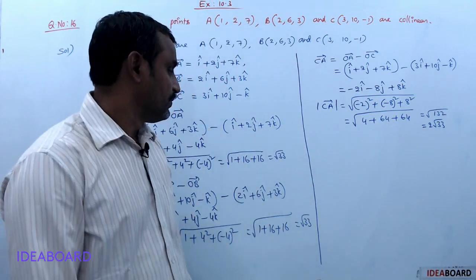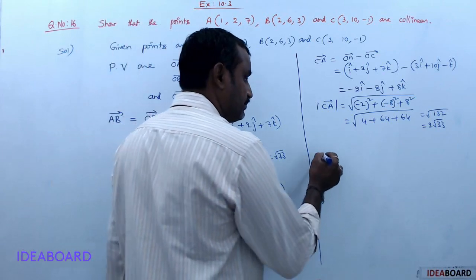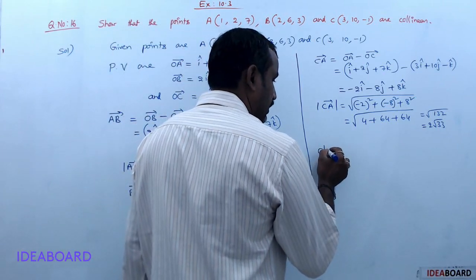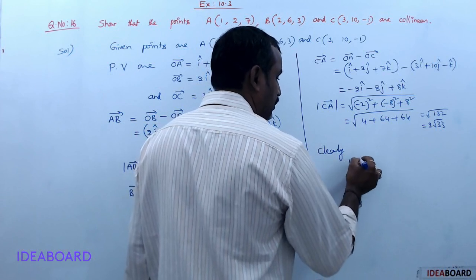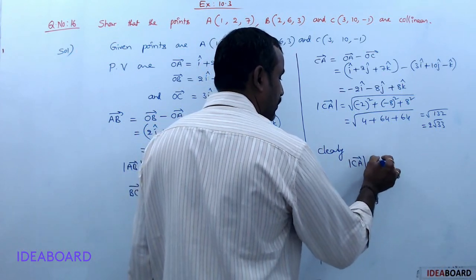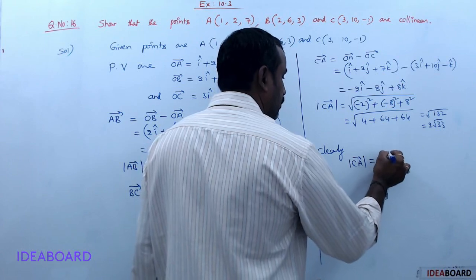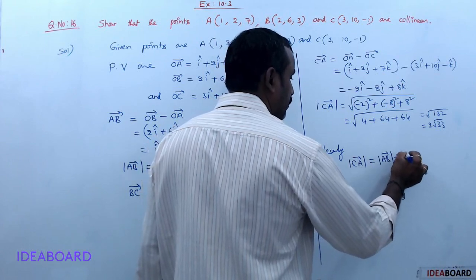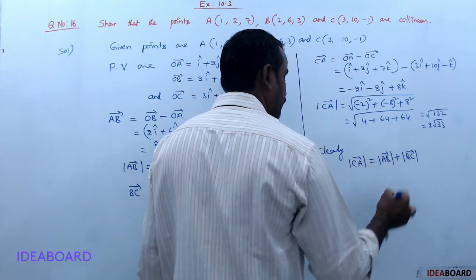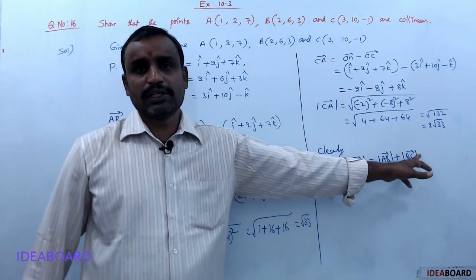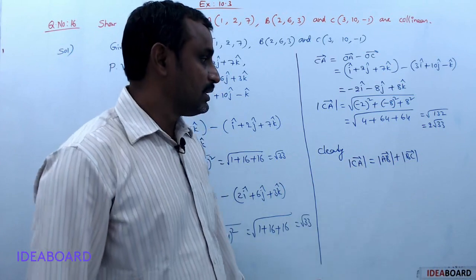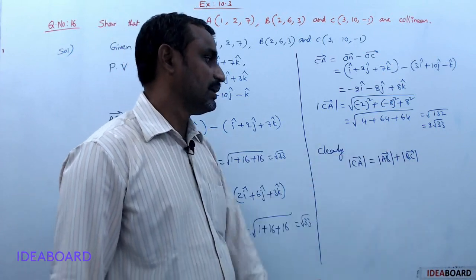So now clearly, magnitude of CA bar is equal to magnitude of AB bar plus magnitude of BC bar. So 2 root 33 is equal to root 33 plus root 33, that is equal to 2 root 33.